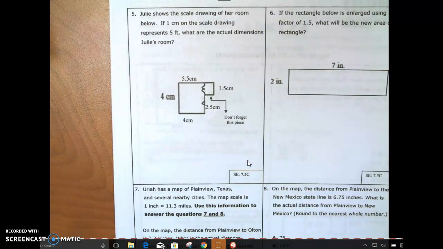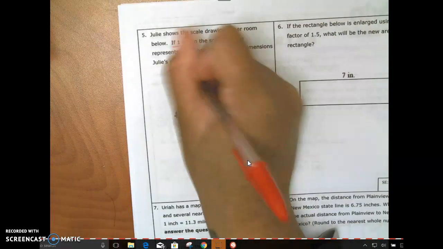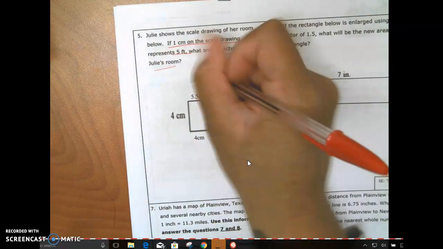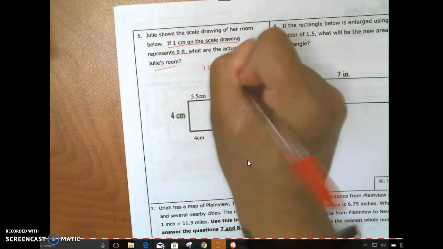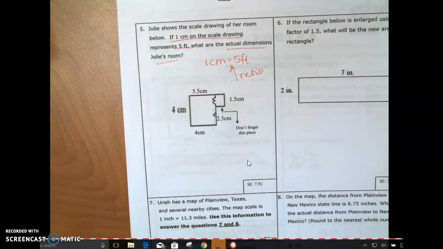Julie shows the scale of her room below. If 1 centimeter on the scale drawing represents 5 feet, what are the actual dimensions of Julie's room? 1 centimeter is 5 feet. This is a ratio. Okay?